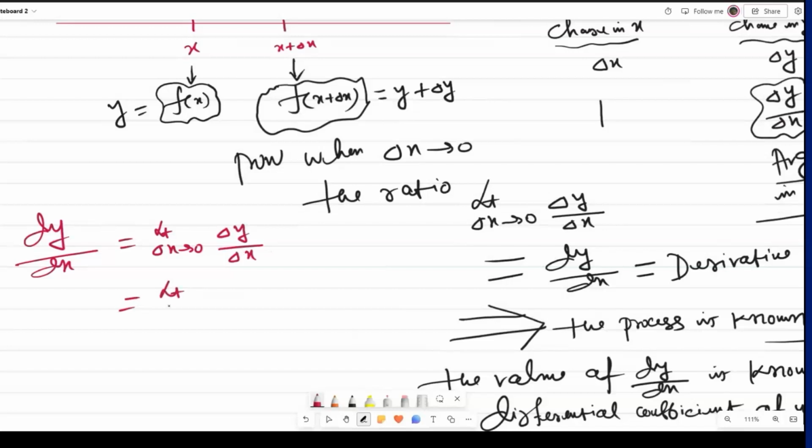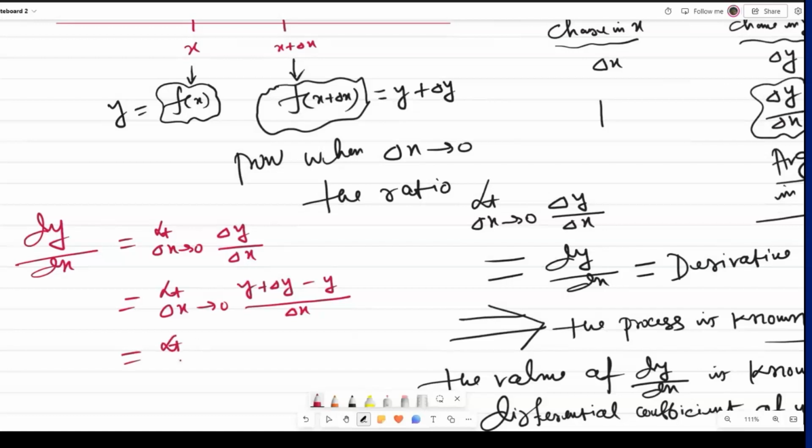We can rewrite this as y plus delta y minus y, divided by delta x. I'm adding just y and subtracting in the numerator. Clear? dy by dx is this.